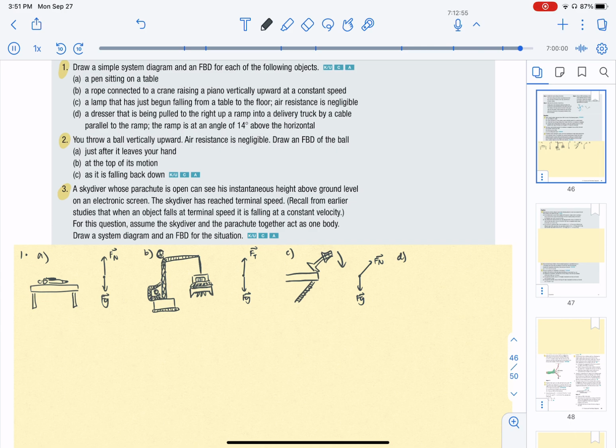If we do some of our math magic here, we have FT1 sine of 50 plus FT2 sine of 30 is equal to FG. I brought the FG over and put in the angle stuff for the two vectors. Can't we find the force of gravity? We can. How do we do that?